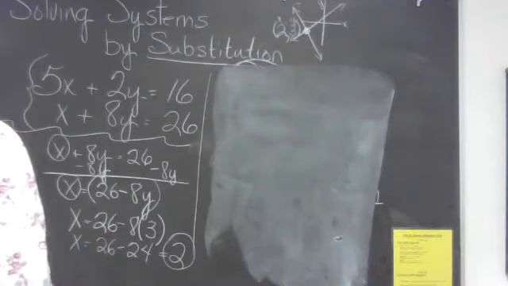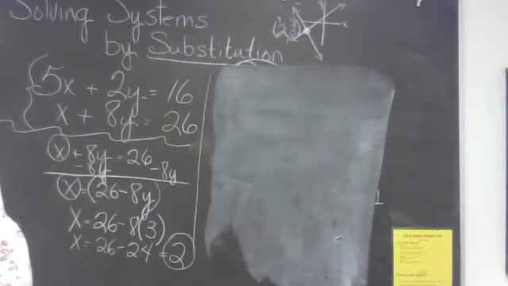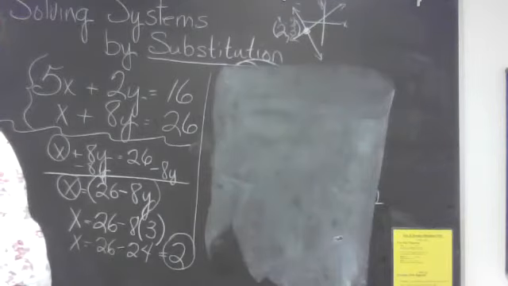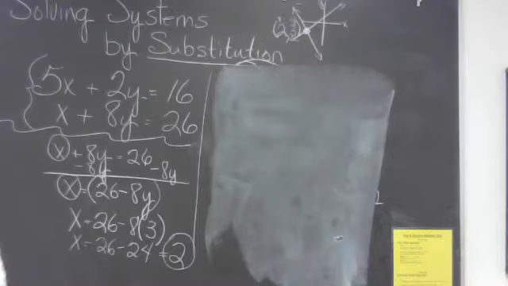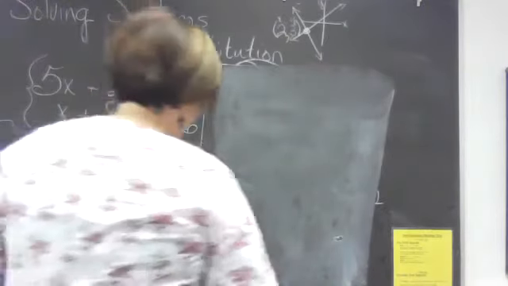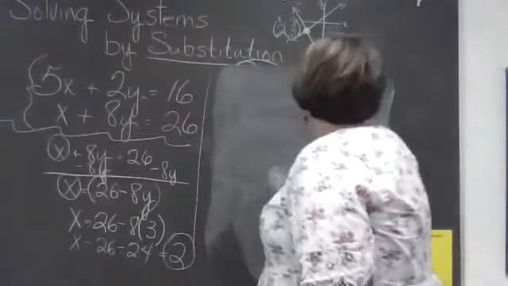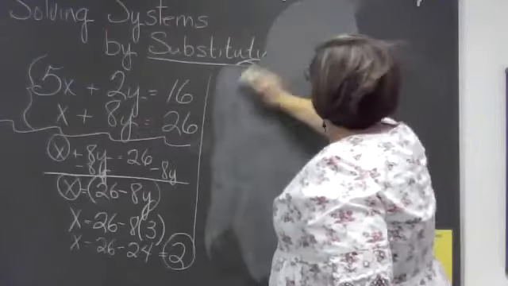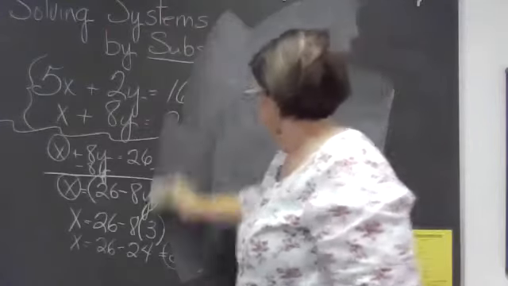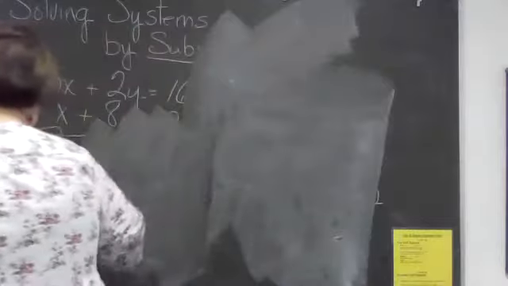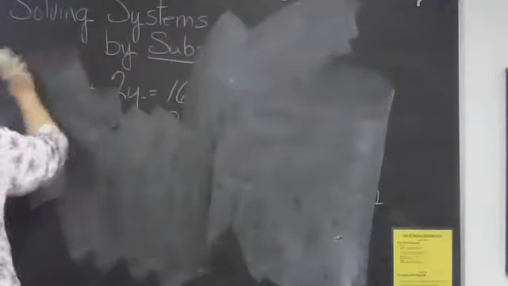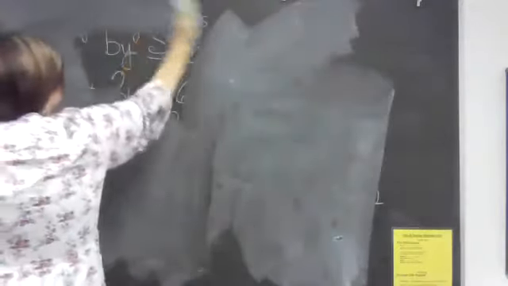Let's look at, okay, I'll do one more on the front page and then we'll pick one off of the next 2 pages for you. All of these are going to be done with the substitution method. So let me pick one and let's work this one.